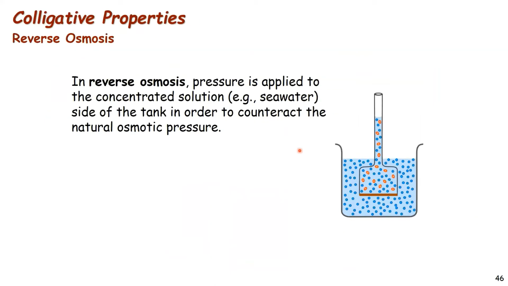Okay, let's talk about another very useful purpose of osmosis, and that is where we use reverse osmosis. In this case, we're actually applying pressure because we want to get the pure solvent. We want to separate the solutes in the solution from the solvent itself. So in this particular case, we're going to apply a great pressure onto this part of the tube.